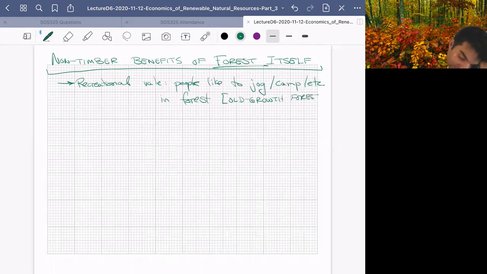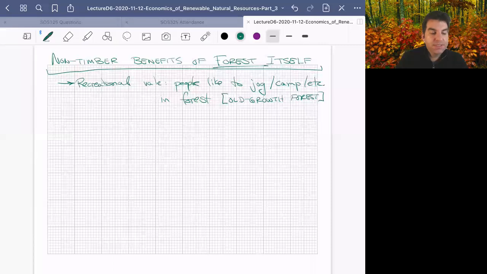So they like walking around with large trees and those sorts of things. So that's something that might be important to humans. But you can also have other, non-human animal benefits that can vary from new growth to old growth.